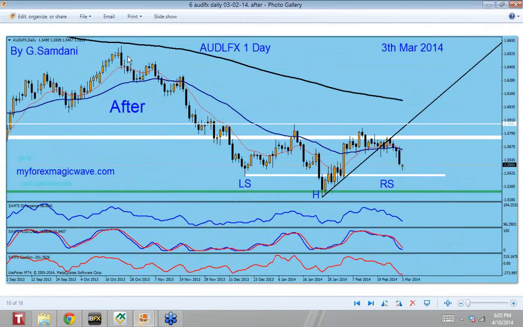If this is an impulse wave, this is a correction, wave 1, 2, or A, B, and goes to C, a correction against the impulse wave. That wave usually goes back to 61% or 78% of the retracement, and 127 to 1.618 of the expansion of AB, from head to right shoulder.